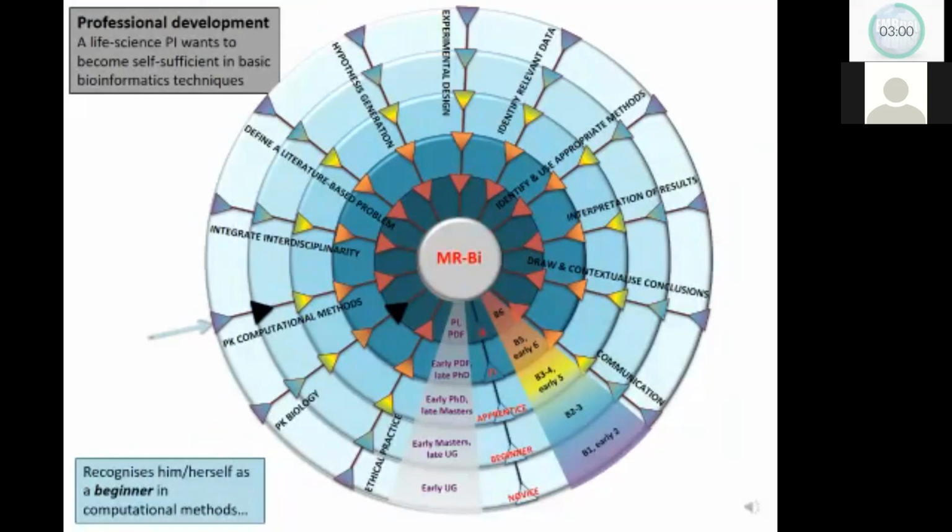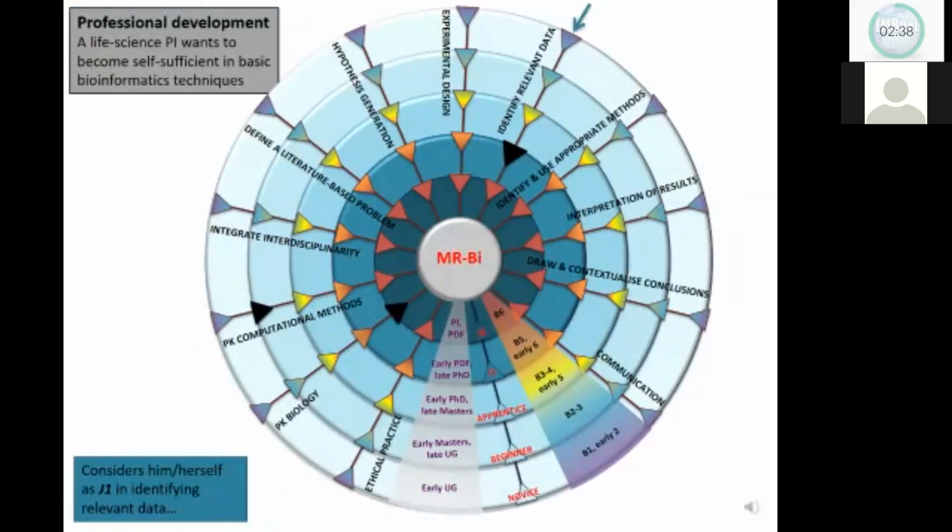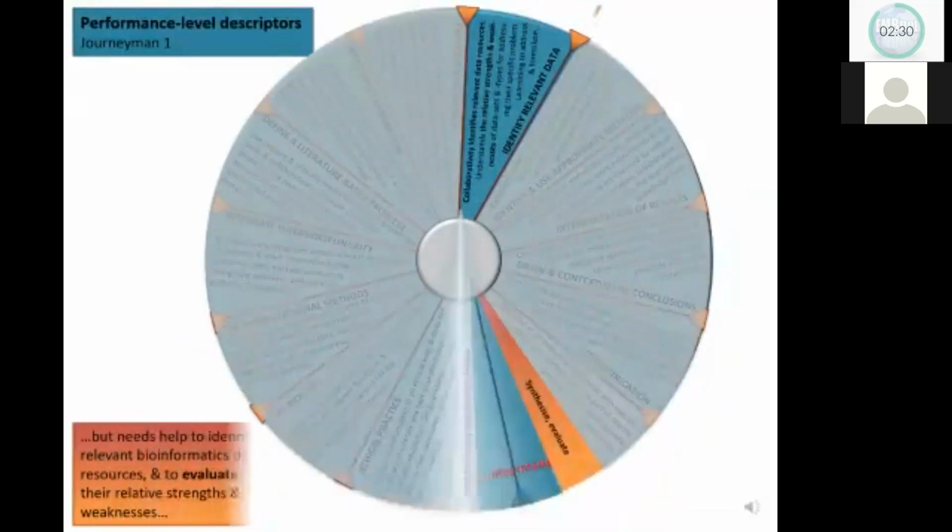But this individual also recognizes him or herself as a beginner in computational methods who wants to understand how to code and apply bioinformatics tools in his or her work. Again, note the change in Bloom's level here, please. And who considers him or herself a J1 in identifying relevant data, but needs help to identify relevant bioinformatics data resources and to evaluate their relative strengths and weaknesses.